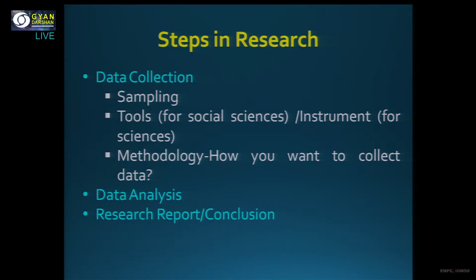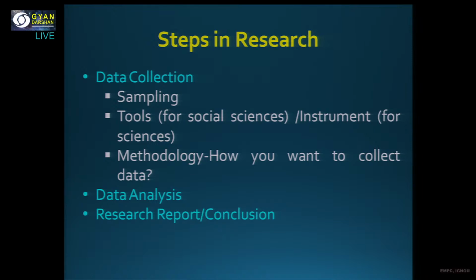And in social sciences we usually use the term tools, while in sciences we use the term instrument, while in social sciences it is going to be tool, research tool. Then the methodology, how you are going to collect data in your research work. So the data collection includes all those.